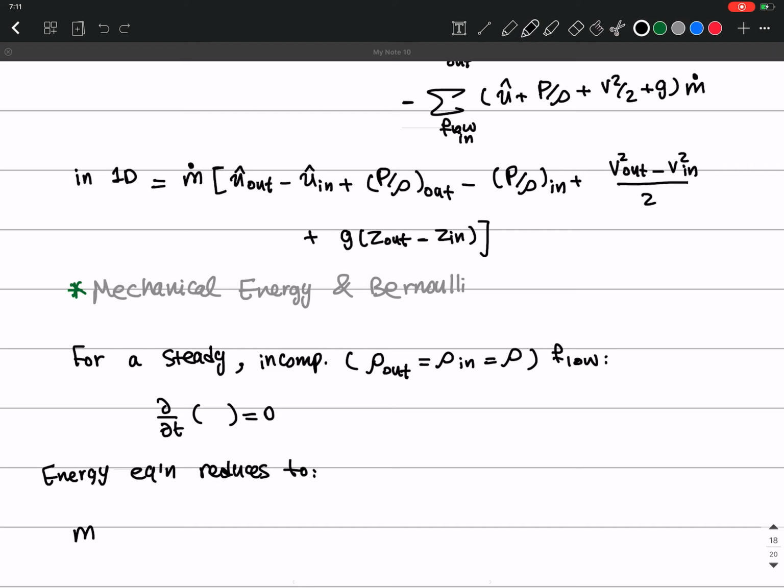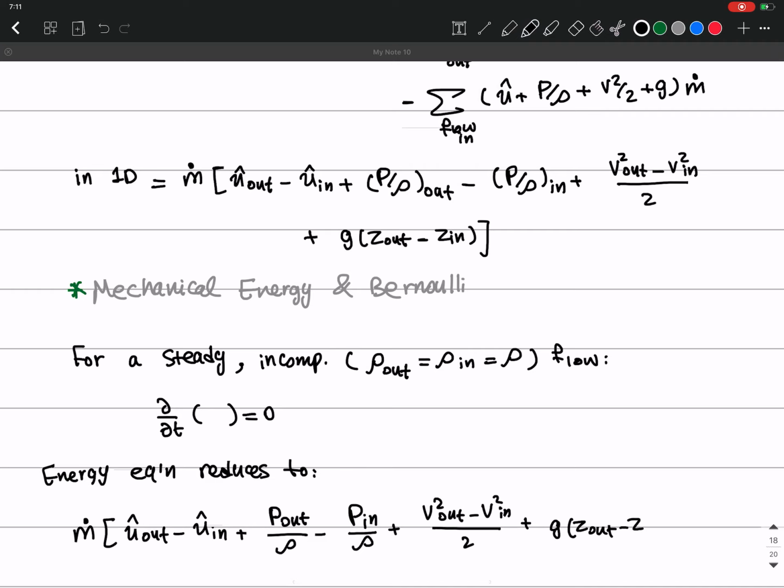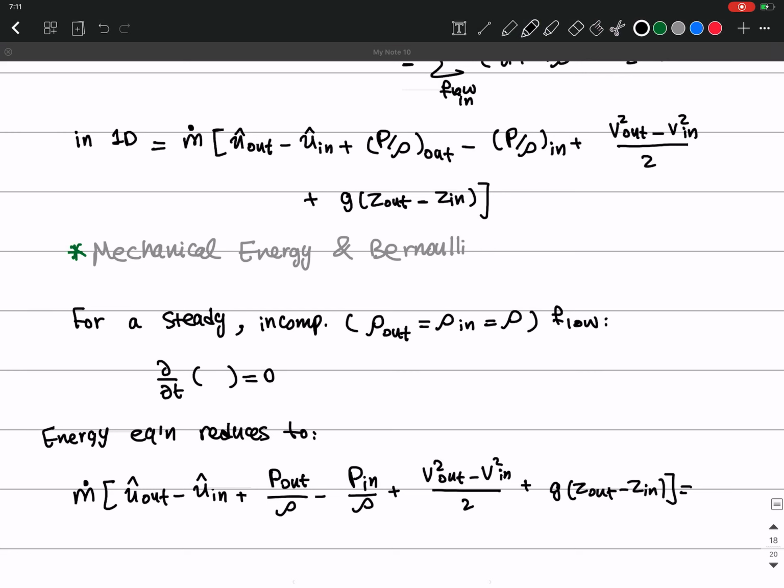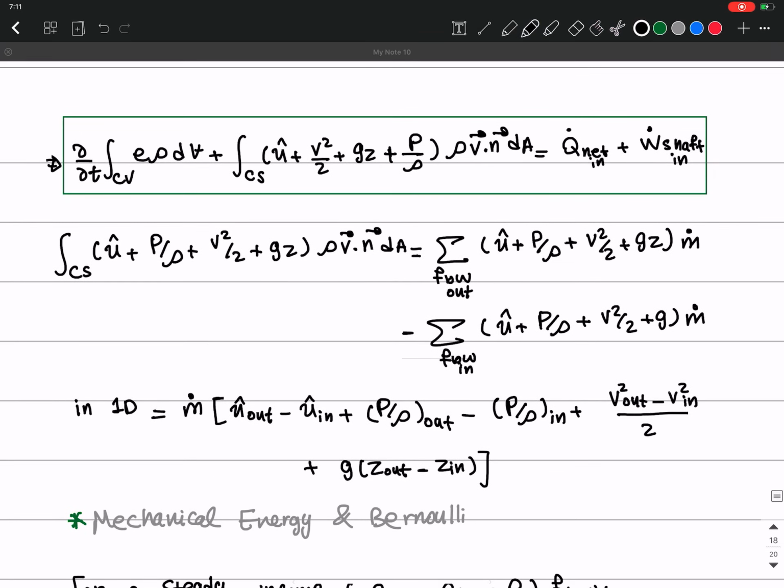So I have m dot times (u out minus u in) plus p out over rho. Rho is constant here because we have an incompressible flow. Minus p in over rho, plus (v square out minus v square in) over 2, plus g times (z out minus z in), equals the right-hand side, which is what?